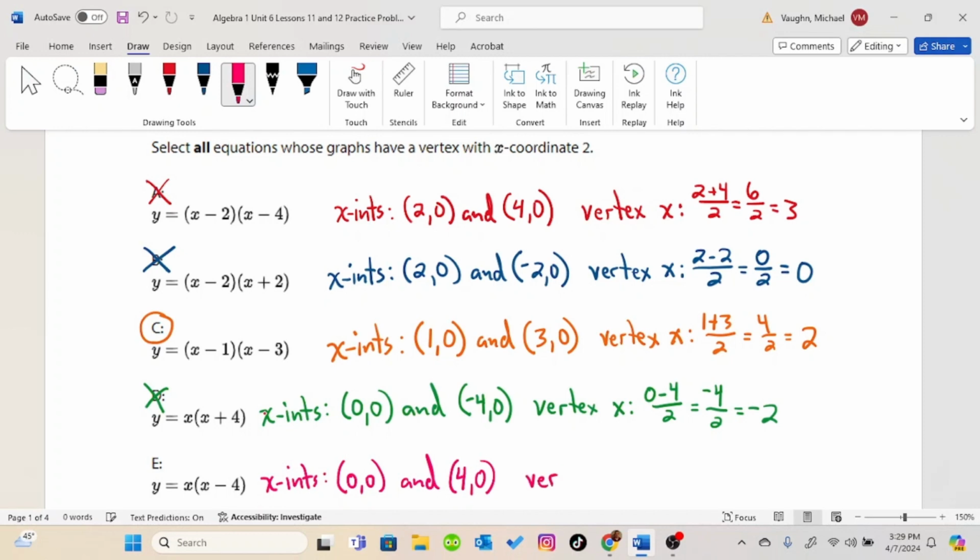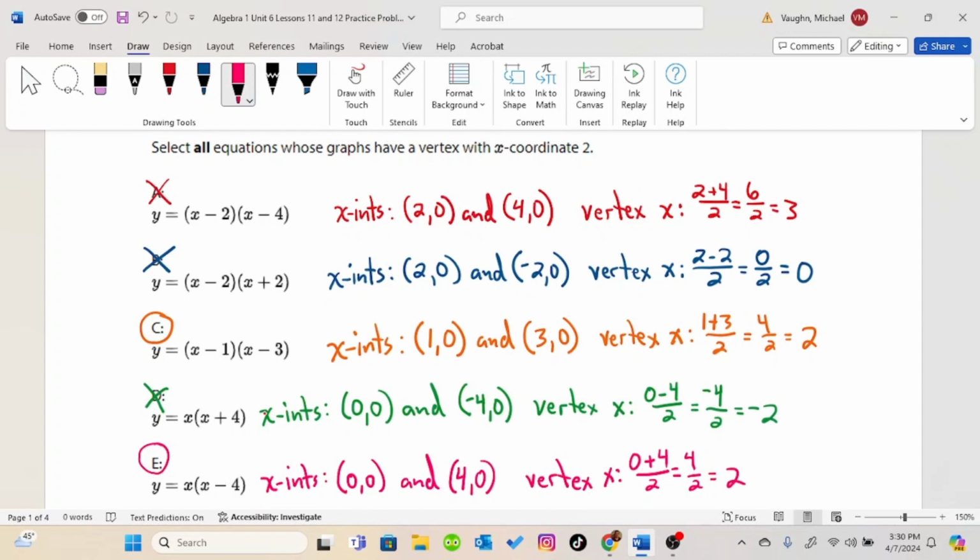The vertex x is halfway, and halfway puts the x-coordinate of the vertex at 2, which is what we were looking for. So on this practice problem, the correct solutions are C and E.